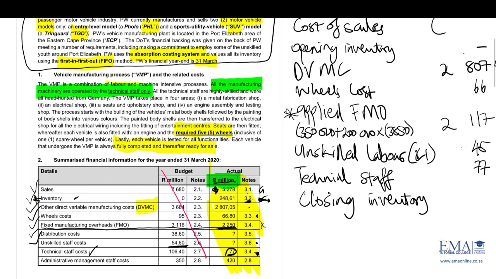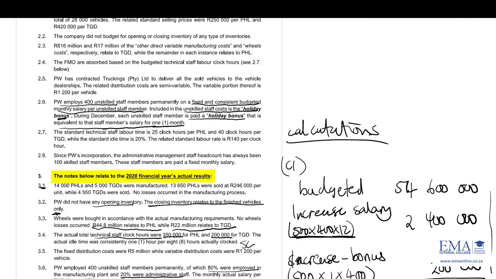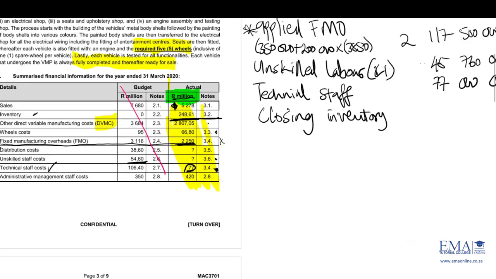We read that when we're doing this part here, note number 3.2, and then it was given as 248.61. So here they said in 3.2, PW did not have an opening inventory. The closing inventory relates to the finished vehicles only. So which means this amount is only the closing inventory.